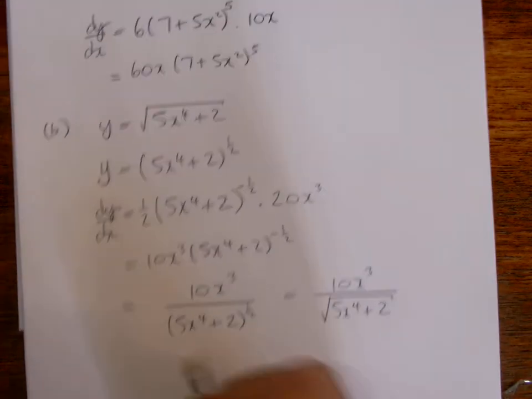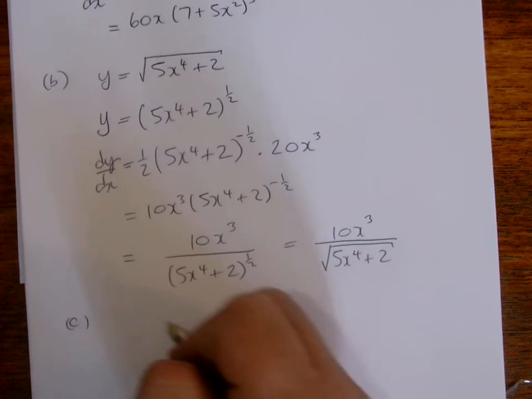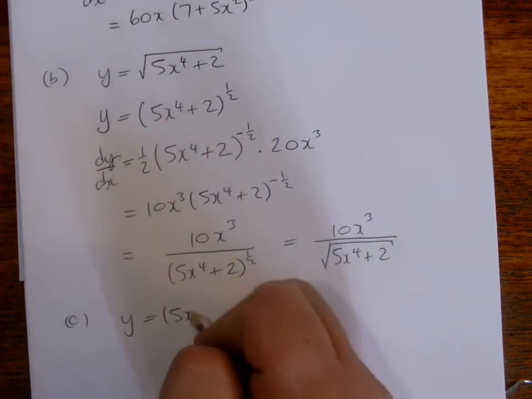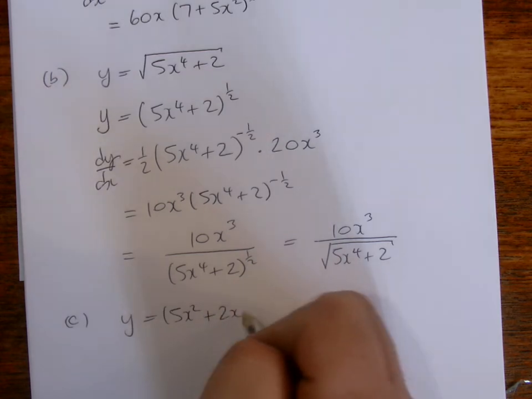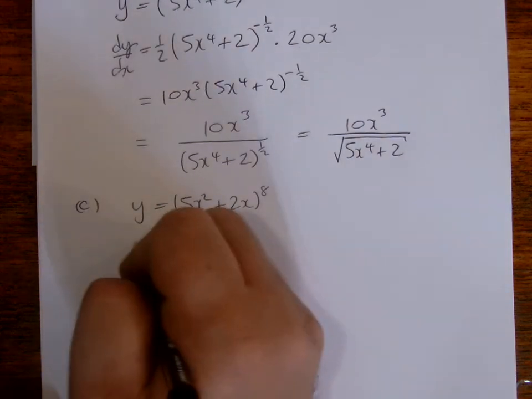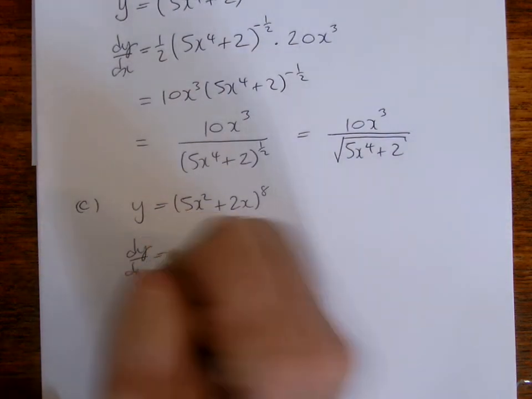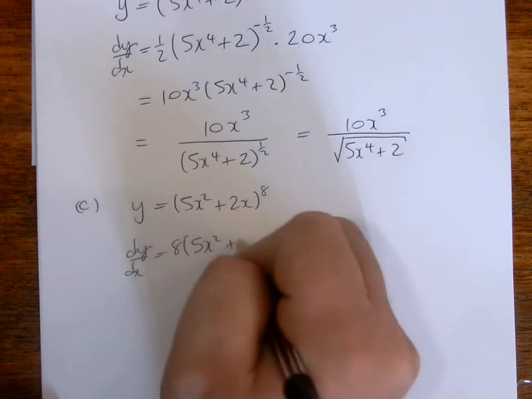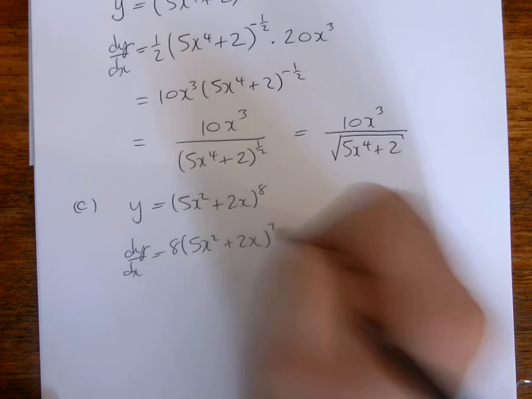Okay. In C then, we've got y equals 5x squared plus 2x all to the power 8. When you differentiate this, dy dx, you bring the power down first, 8. Then you differentiate in the bracket, so the power becomes 7.